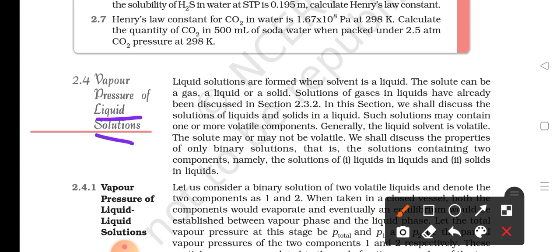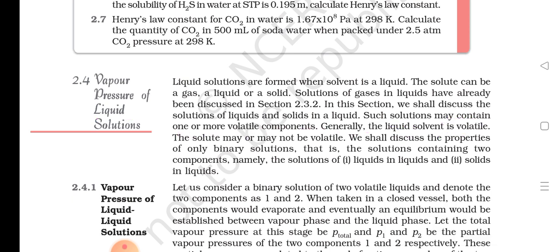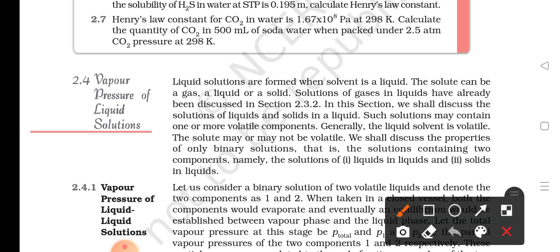So first of all, the important thing here is that they told that the liquid solvent is volatile. Such a solution may contain one or more volatile components generally. So what does it actually mean? They told that in some cases there is one volatile component, or in some cases there are many volatile components. So what does volatile actually mean?